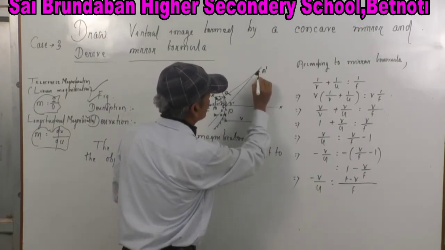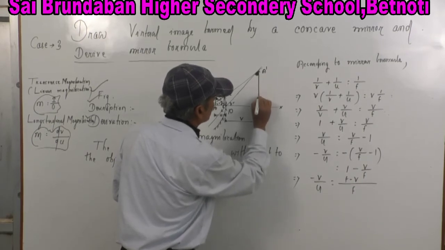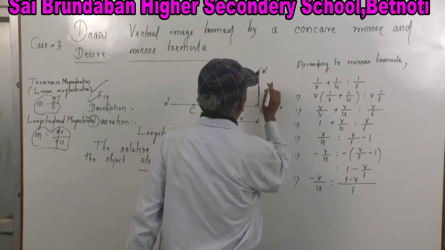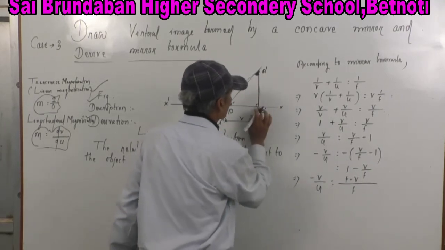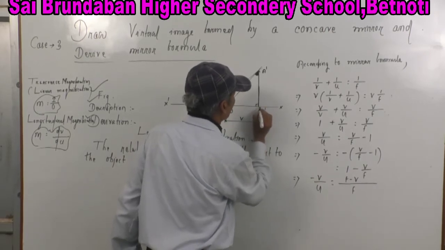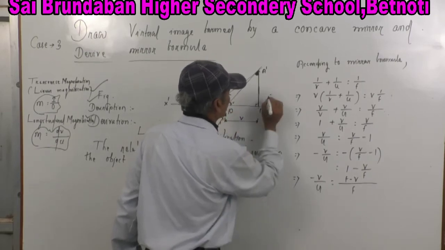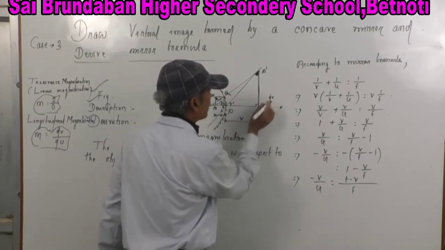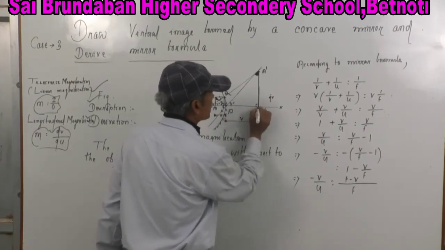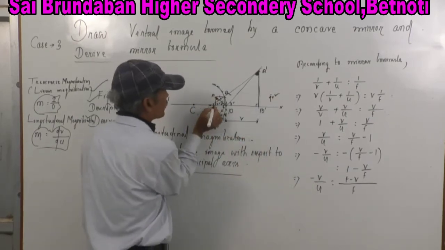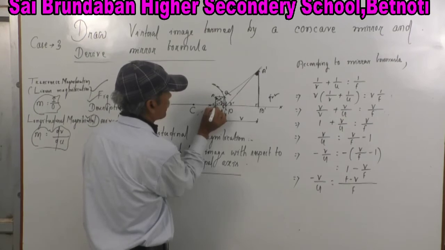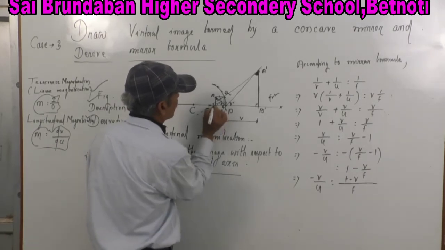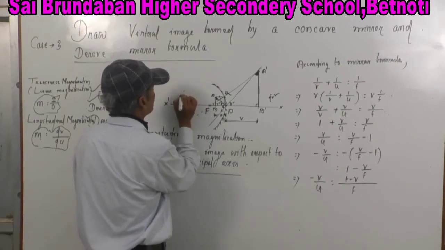this is the image, so this length is dv, this is dv, and this is v, and the small length along the principal axis is dv. Here also the small length, this is du.